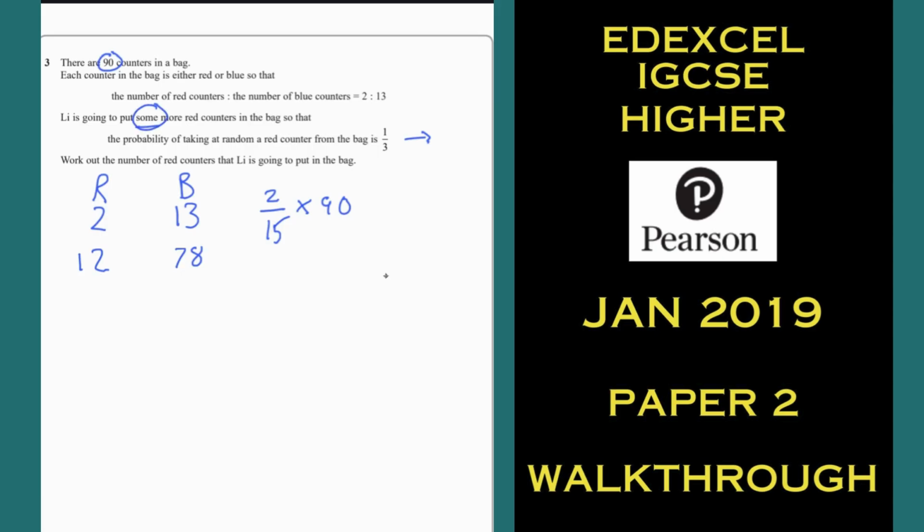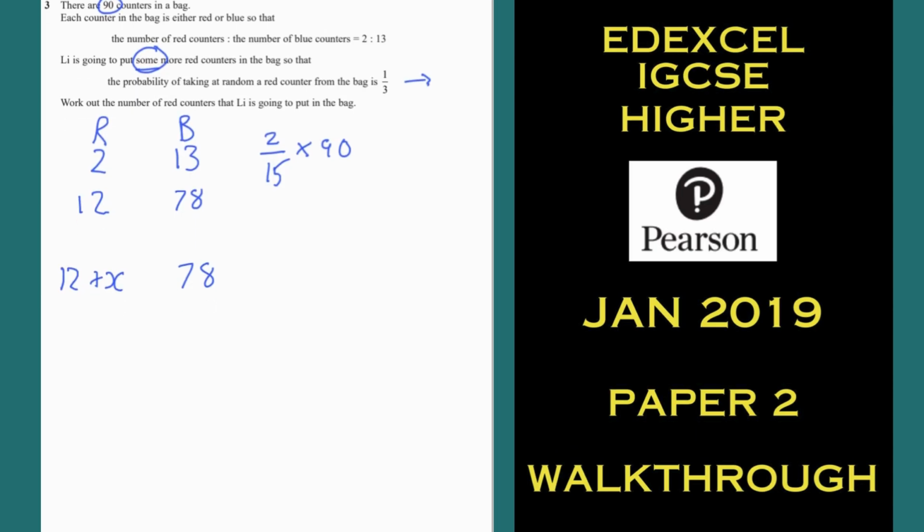Now we come to this sum. If you put some more red in, you'll have 12 and a few more. You'll still have 78 blue. But now what you will be able to write is the probability of a red counter is 1/3.